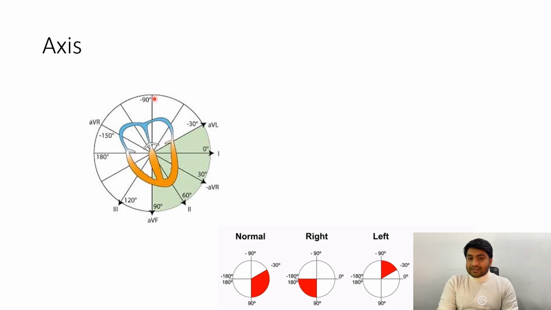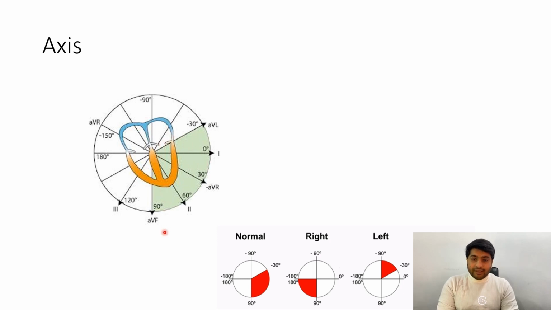So our axis should be between minus 90 and 0 degrees. So our normal axis has deflected towards the left side of our reference point from the horizontal plane.